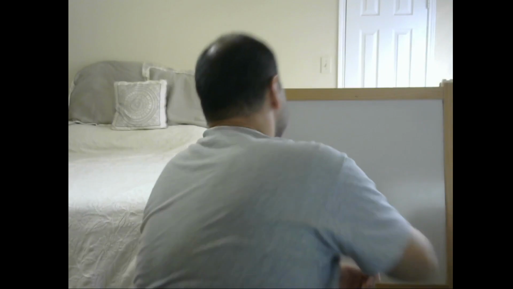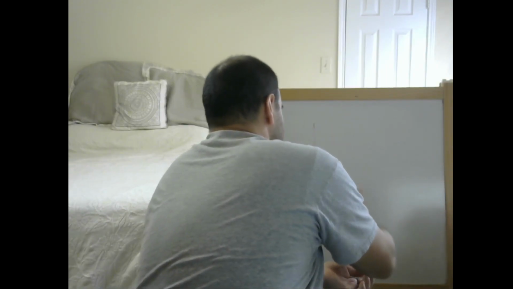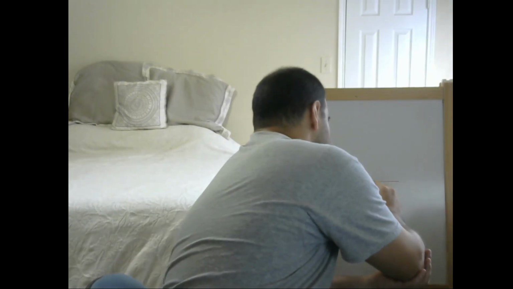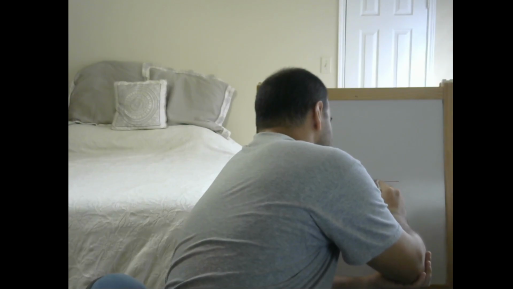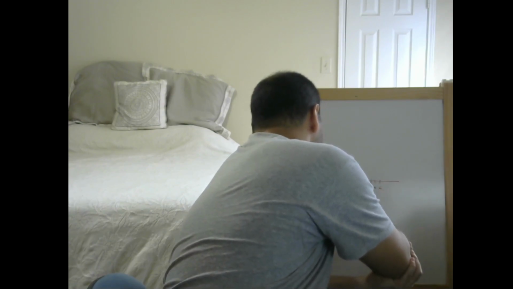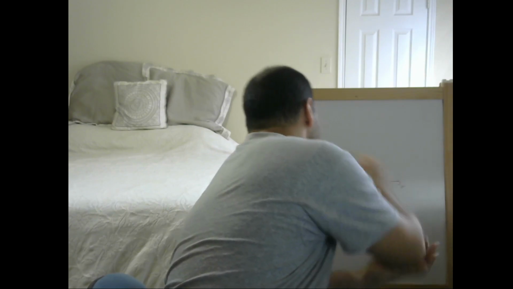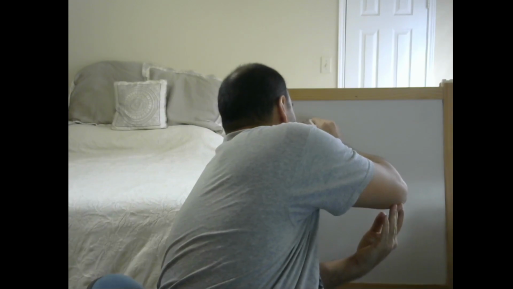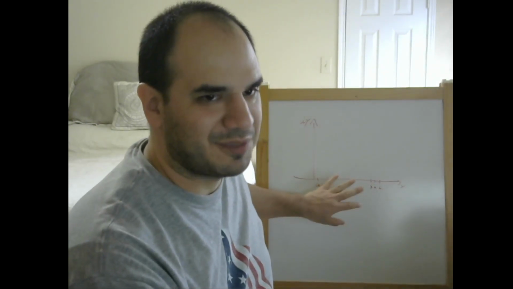Okay, so we picked 3 points, right? And we decided by convention that B would be the imaginary value. Okay, so this is our complex plane.